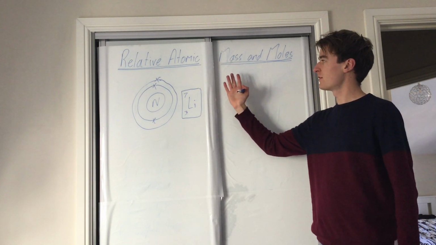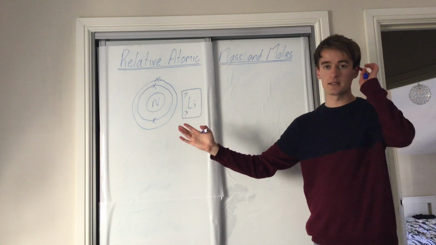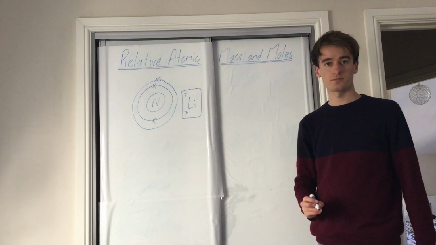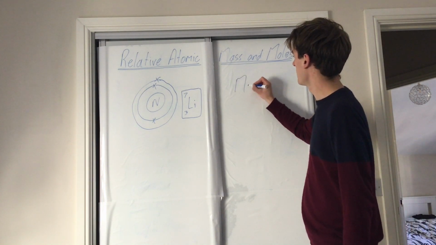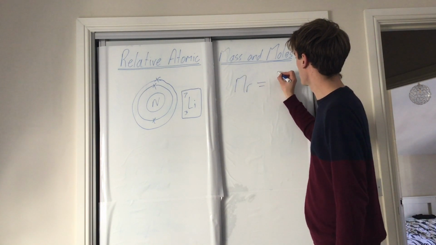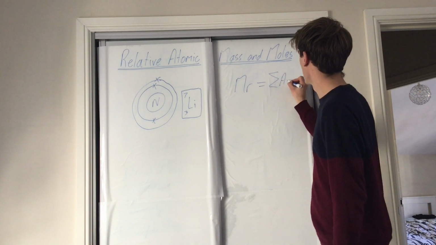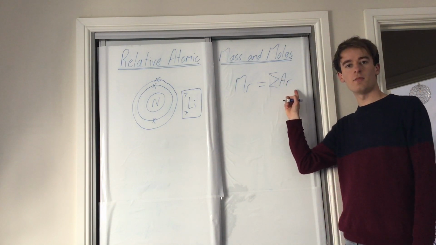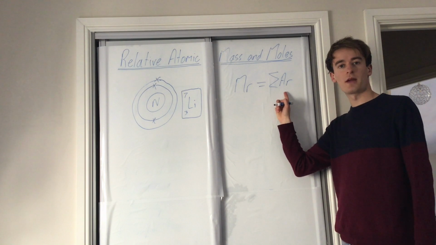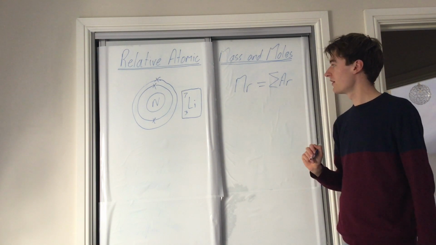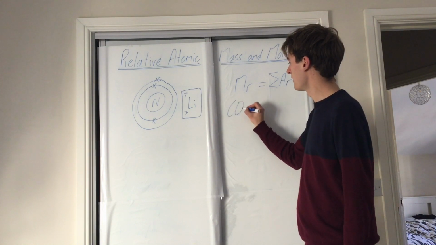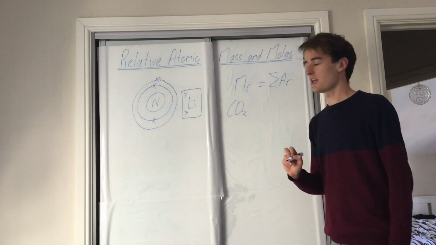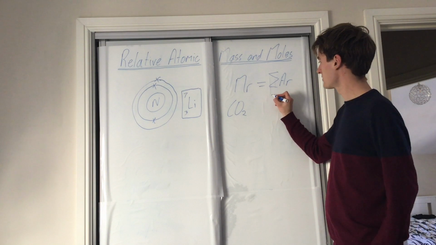Now the relative atomic mass of a lithium atom is 7. We can then come up with something called MR. Now MR is the sum of all these atomic masses for a molecule. For example, carbon dioxide, CO2, is a combination of carbon and oxygen.